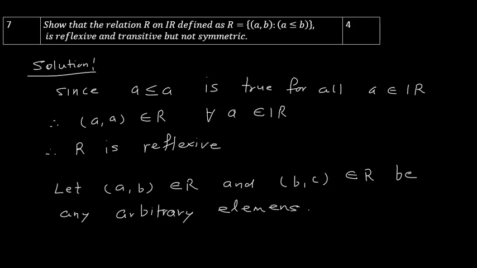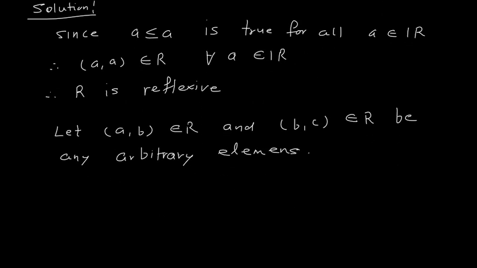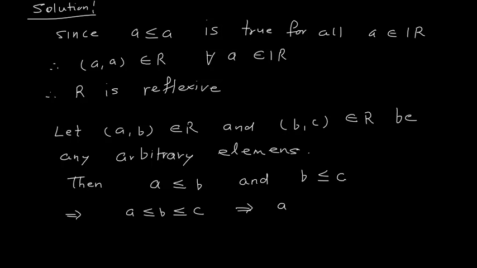Now since (a, b) belongs to relation, what we can say is that a is less than or equal to b and b is less than or equal to c. This implies that a is less than or equal to c.